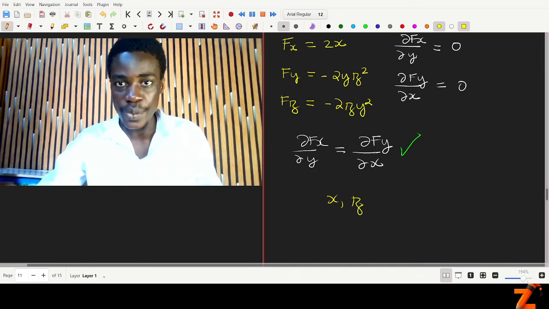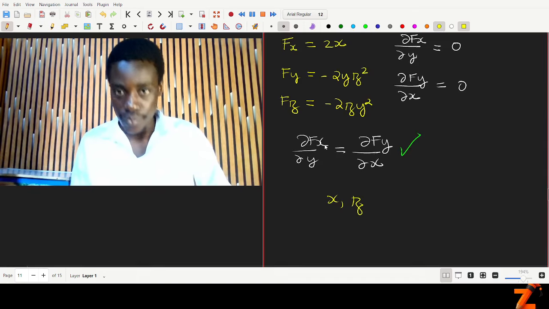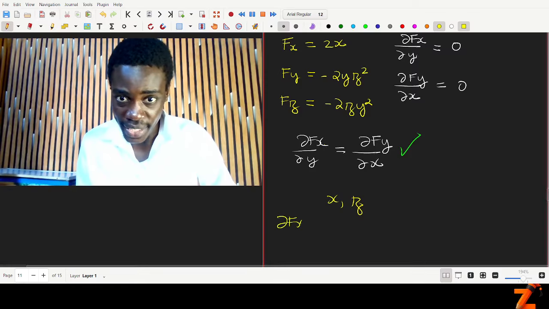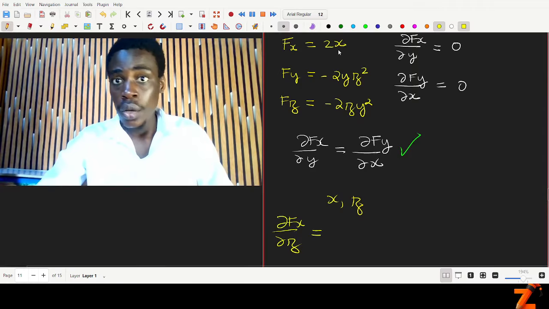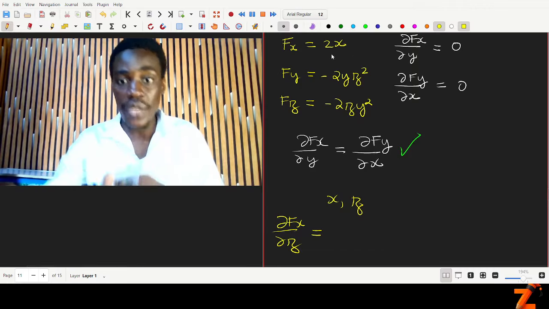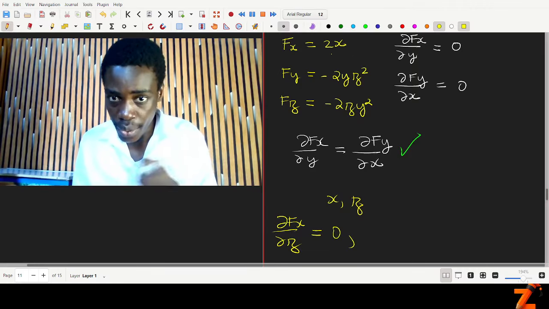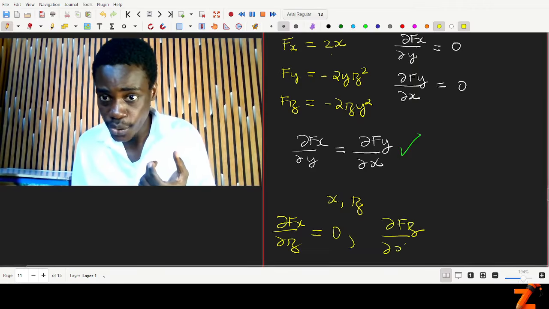Okay, so I will derivate fx with respect to z. The derivative of fx with respect to z equals what? You know, in the expression of fx, we don't have z, so the derivative is 0, and I will calculate also the derivative of fz with respect to x.